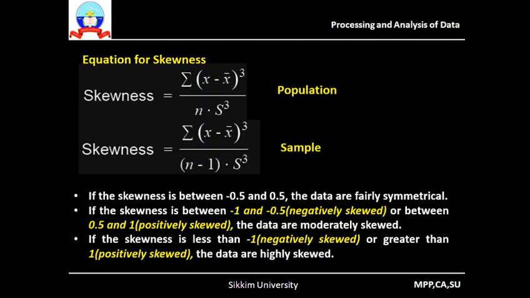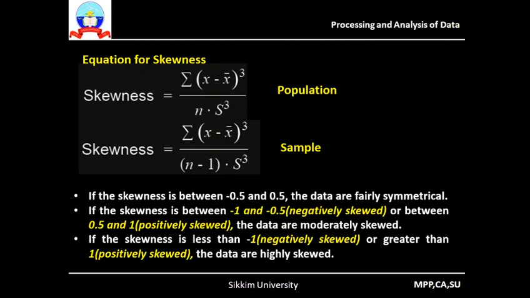So here skewness has two equations. We have skewness for population and skewness for sample. In case of skewness for population, we'll use n, or the total number of instances in the population, and in case you're determining skewness for sample, we'll use n minus 1.